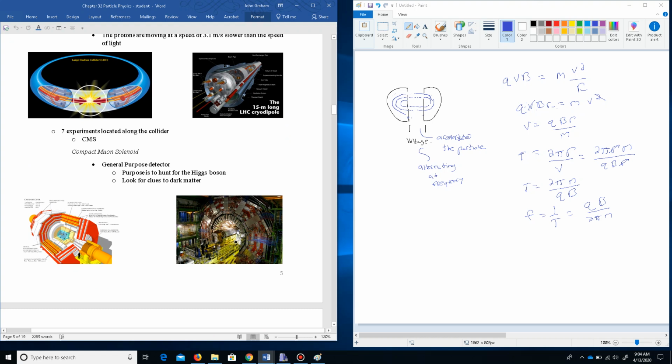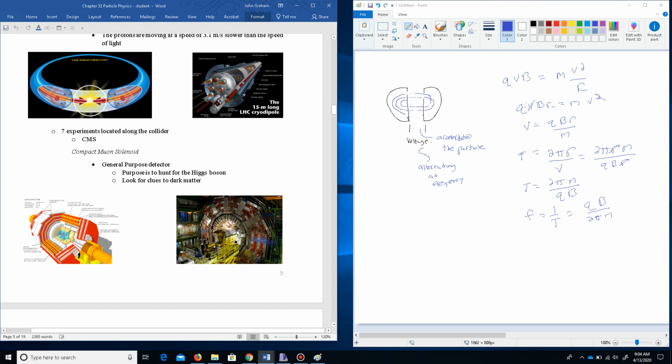Alright, so they have 7 experiments at this CERN laboratories that they do in order to get as many measurements as they can. One's the Compact Muon Solenoid. Its purpose is to hunt for the Higgs boson, which has been found though, but I'm sure they still want to make measurements with it.